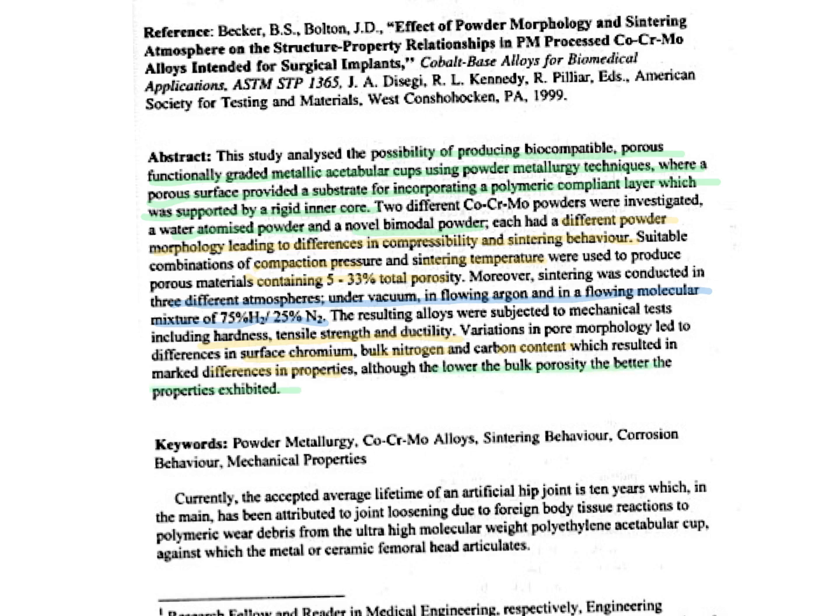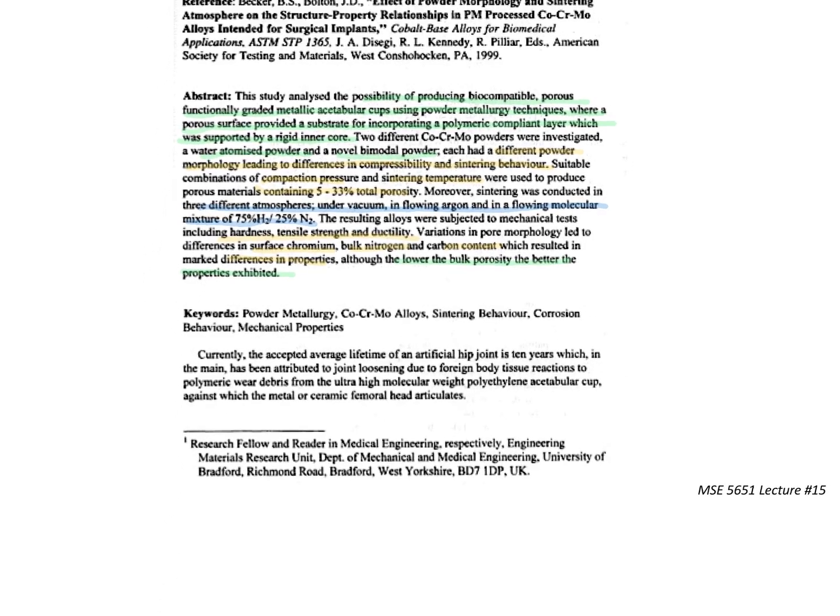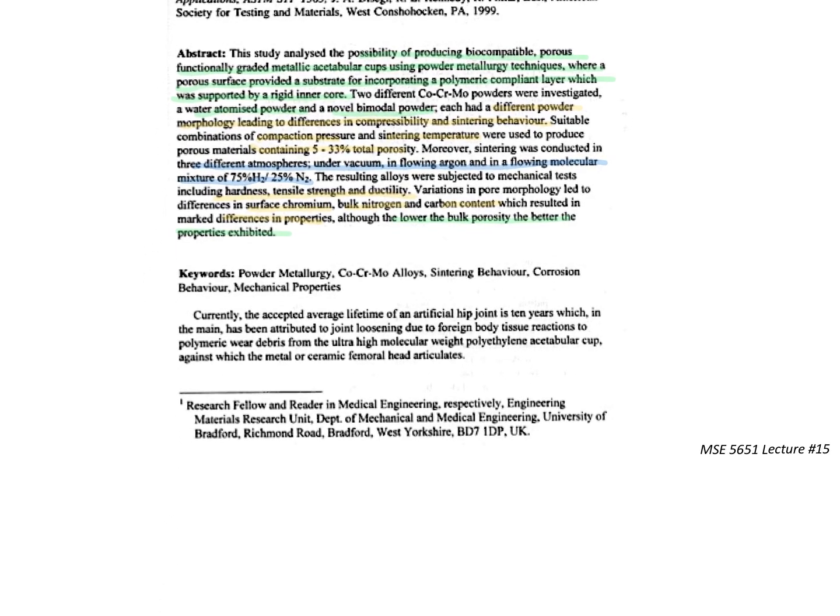Yes, sir? What would be the difference if you, let's say, raised a high nitrogen content and a low carbon content versus vice versa? What if you what? If your atmosphere, let's say you were to raise the nitrogen content and leave the carbon content low, what would be the difference? Well, the atmosphere is nitrogen and hydrogen, and the carbon content is what comes out of the alloy.